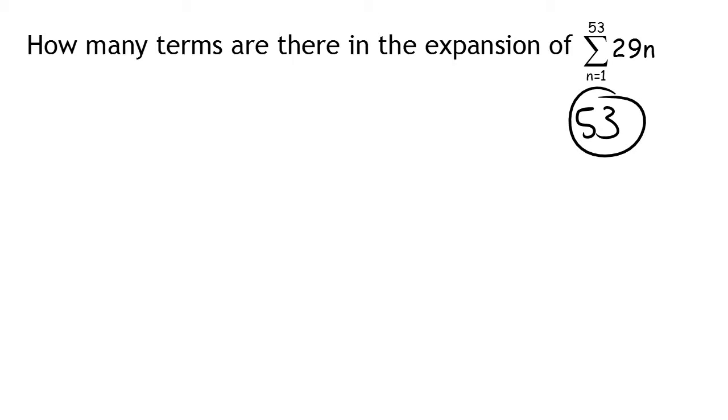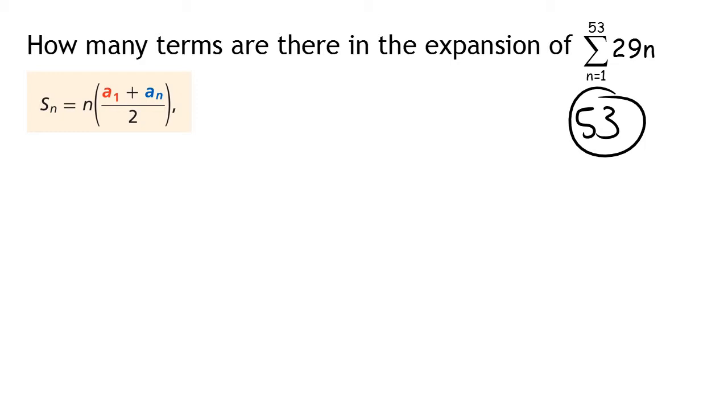A bigger thing is like, well, what is the value of that? What's the sum of the terms from 1 to 53 of 29n? And in that case, you might consider this little formula here. This says the sum of this series is the first value plus the last value, and then you're going to divide that by 2 and multiply by the number of terms.